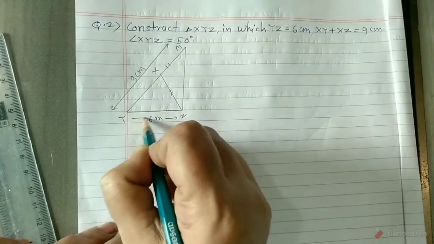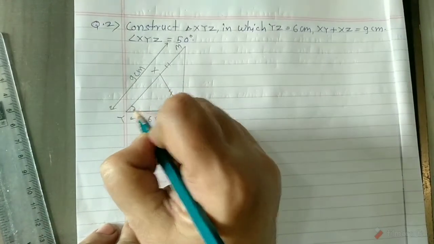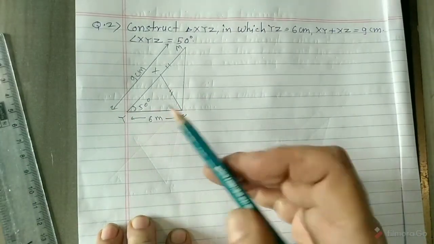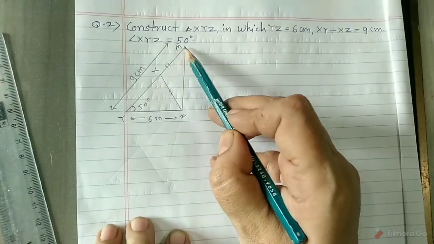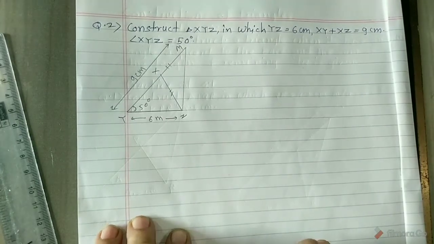Base YZ is 6 cm, and angle Y is 50 degrees. Then for the sum of these two sides, I extend this side and take a point M, so that it is 9 cm. So this is our rough diagram.